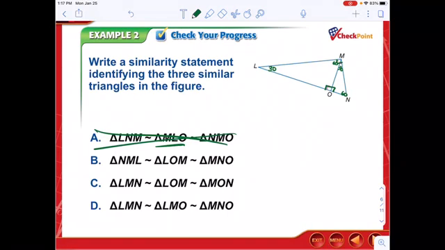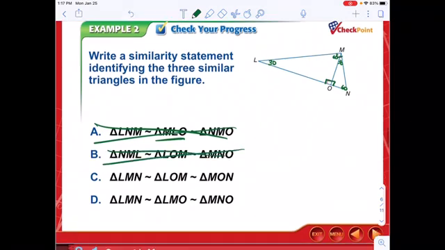LOM, that would not work either. That's 30, 90, 60. LMN, 30, 90, 60. LOM, 30, 90, 60. And MON, 30, 90, 60.